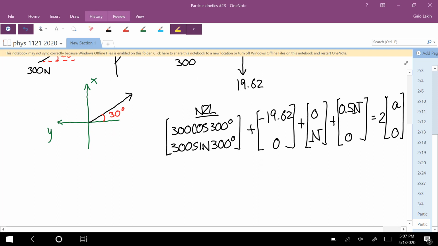Okay, so let's see. 300 times cosine of 300 and sine of 300. That vector gives you 150, negative 259.81.